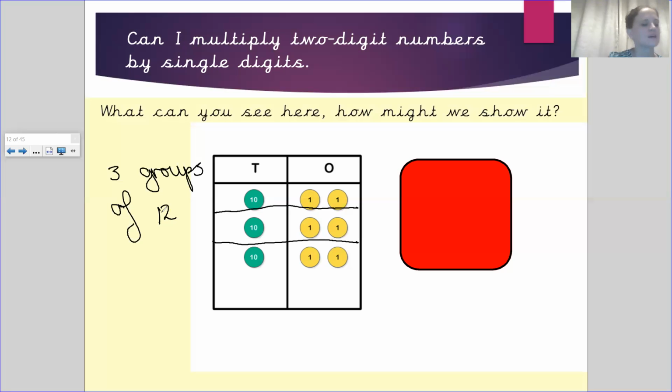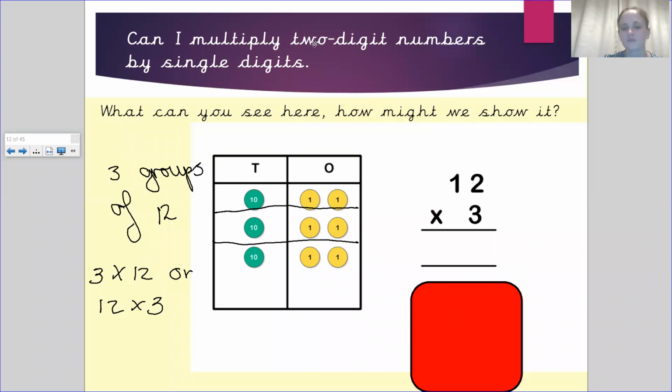So that tells me that this question is going to be asking me 3 times by 12 or 12 times by 3. If I look under here, we have got 12 times by 3.